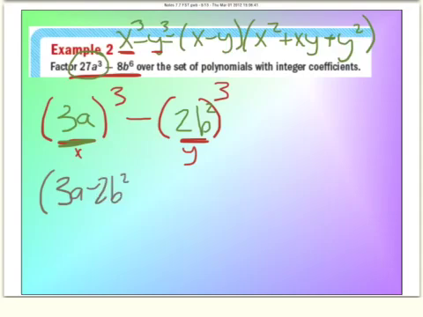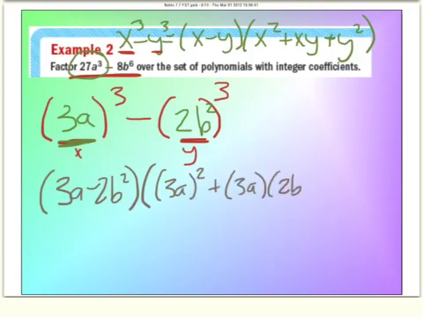And then here, what we need to do is put the x value, which is 3a, and square it, plus the other x again times 2b squared, and then plus the y, which is 2b squared, not y, sorry, fix that. It's going to be the 2b squared, all squared.